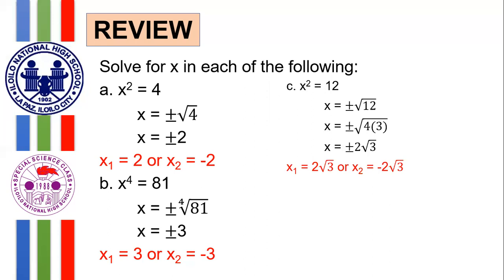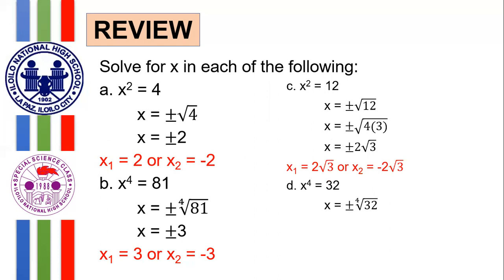Let's have letter D. One more. If you have x to the fourth equals 32, then, using similar reasoning, you have x equals plus minus the fourth root of 32.